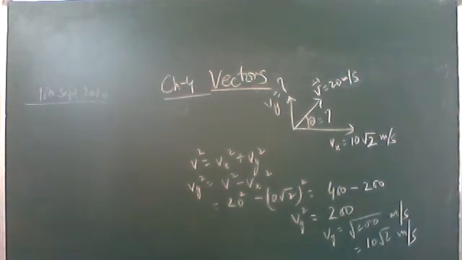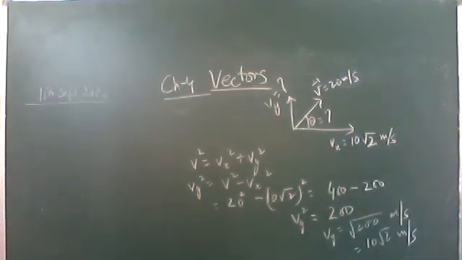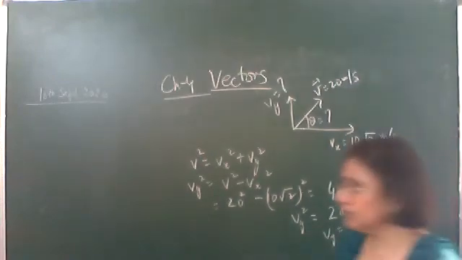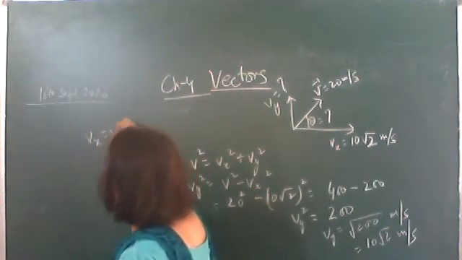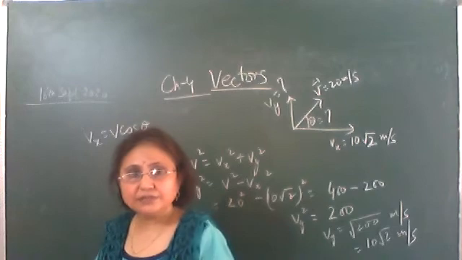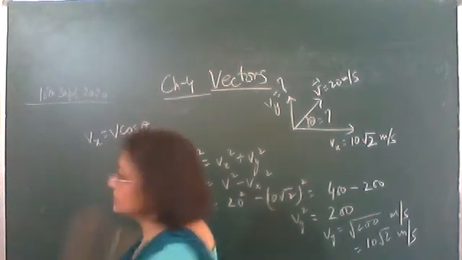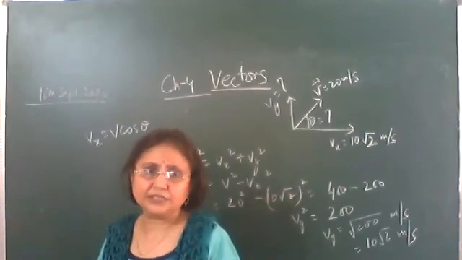Very simple. Okay, find this theta. Find the angle theta. We know that Vx is equal to V cos theta, or you can use Vy is equal to V sin theta.